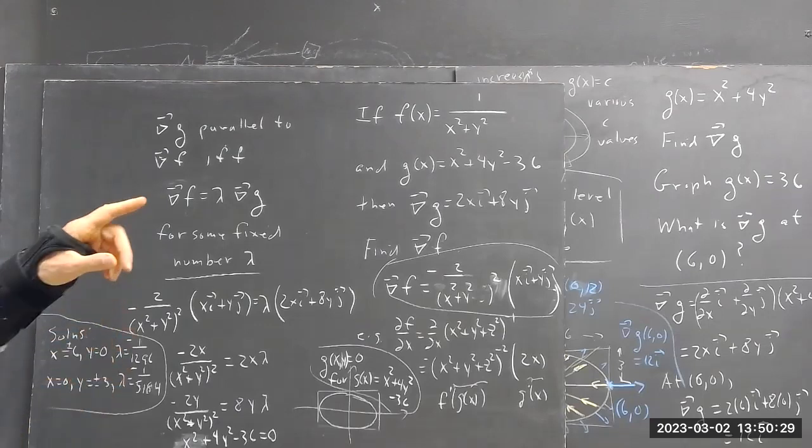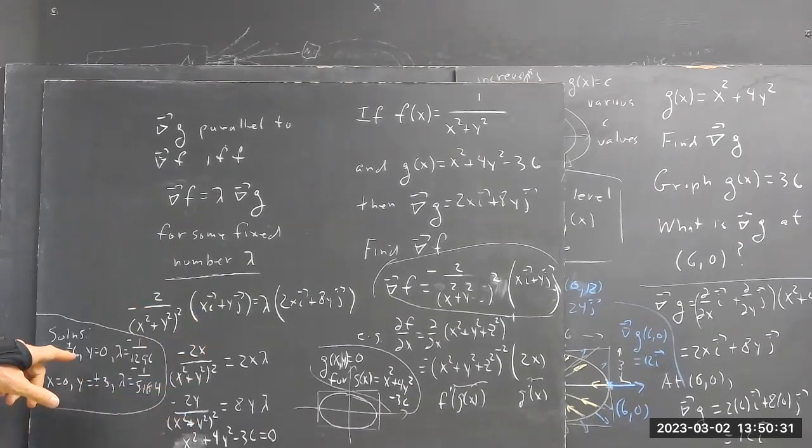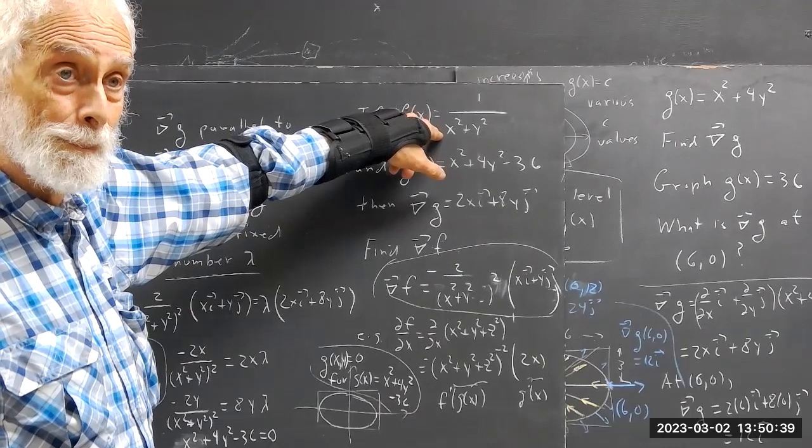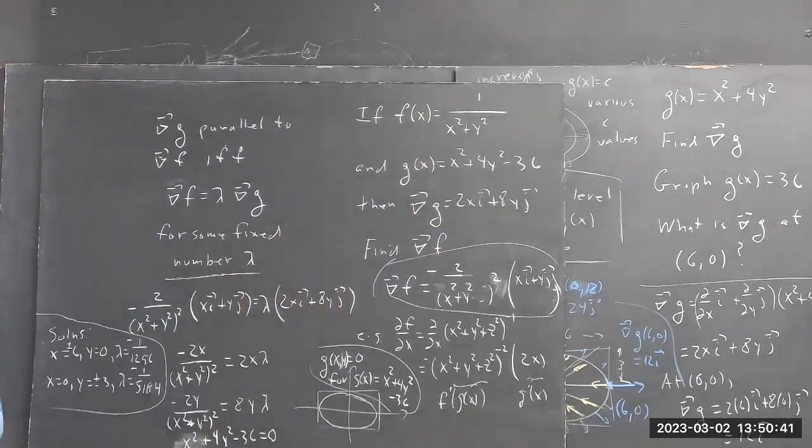So the ultimate result is I just evaluate this at x equals plus or minus 6. And I find the minimum value in this case, and it's going to be 1/36.